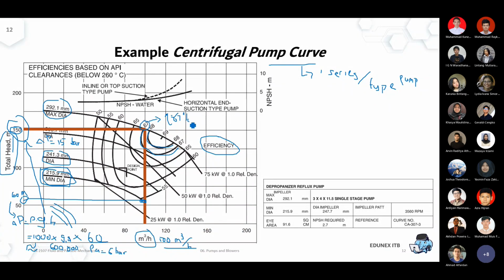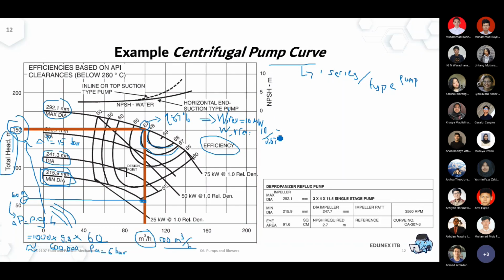That means if my power calculated from the integral of VdP, the reversible power, is 10 megawatt, for example, a very big pump, then my irreversible or actual pump power required will be 10 divided by 0.67.